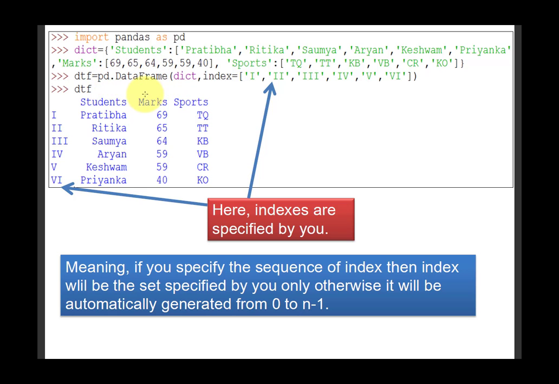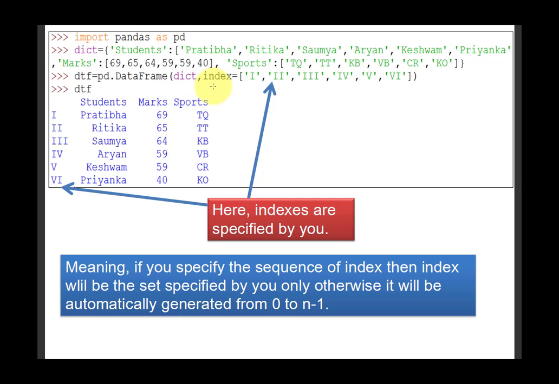That method you have to call. Now I am passing the data frame values, which will be accessed from the dictionary, so here is dict, the dictionary's values.